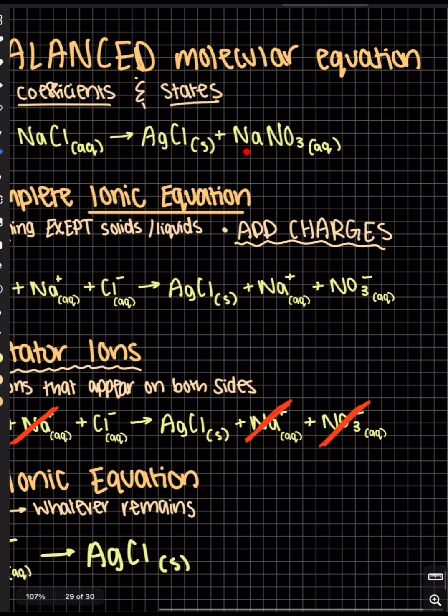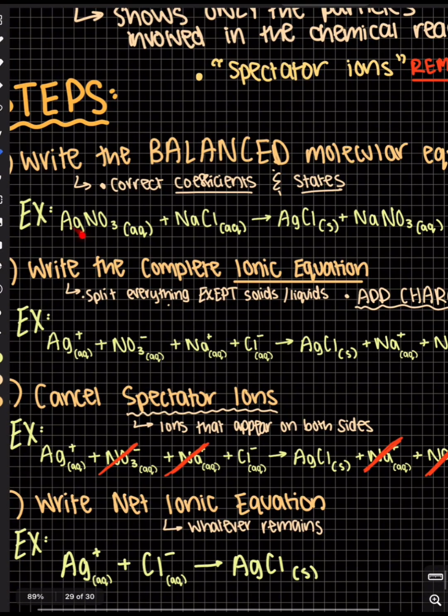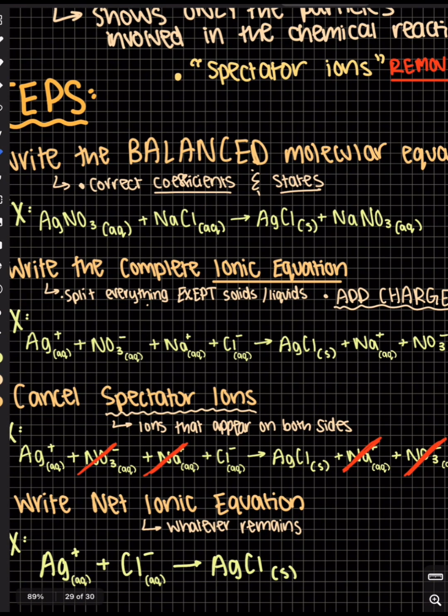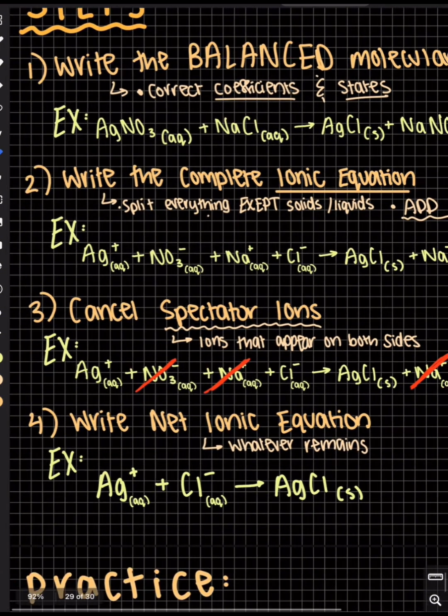But notice here, when I had my sodium nitrate, which was aqueous, I did split it up. Also, my original equation is seen as a double replacement equation, correct? Meaning that in my products, I'm always going to have one aqueous product and then one either solid, liquid, or gas product. And again, you can tell that by your solubility rules.